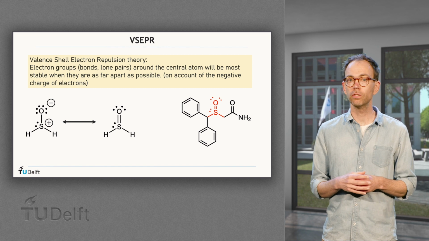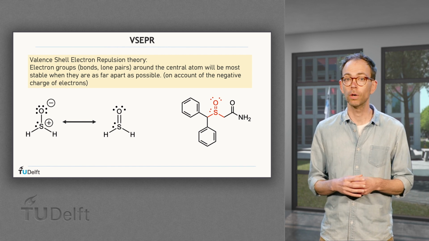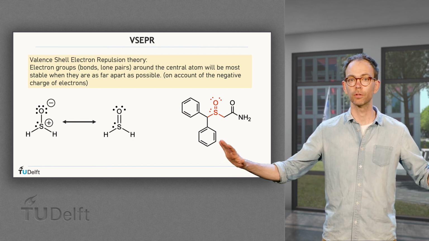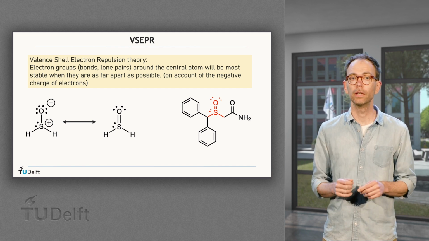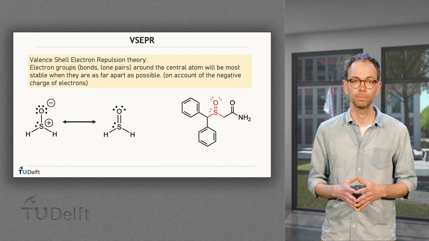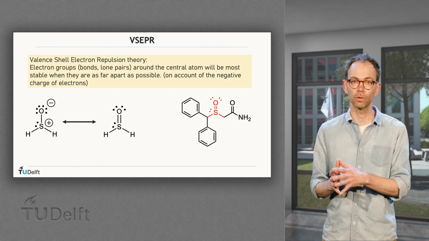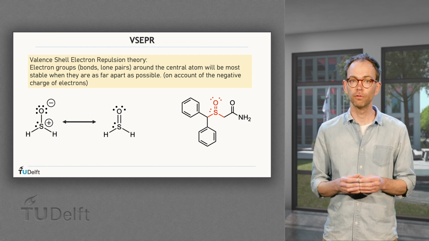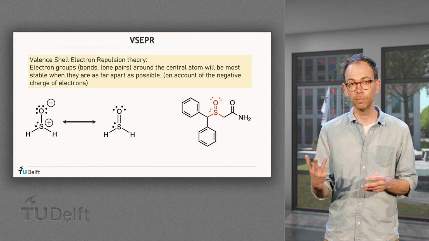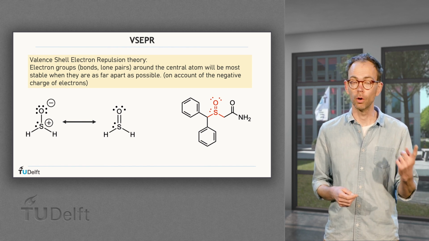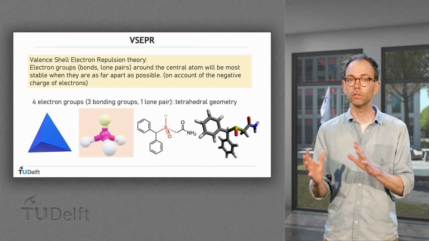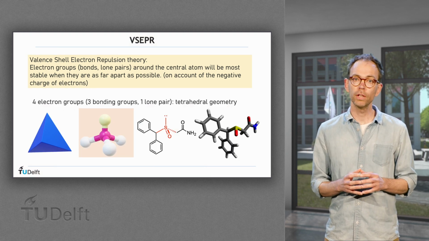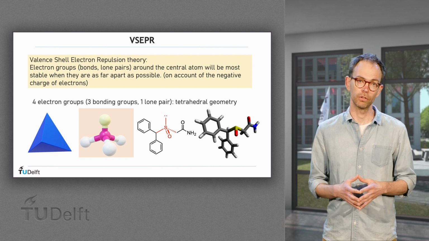VSEPR theory states that these electron groups want to be as far away from each other as possible on account of the repulsion between negative charges of electrons. Around this central sulfur atom, we have 4 electron groups, 3 bonding groups, and 1 lone pair. 4 groups around a central atom will always take a tetrahedral geometry.